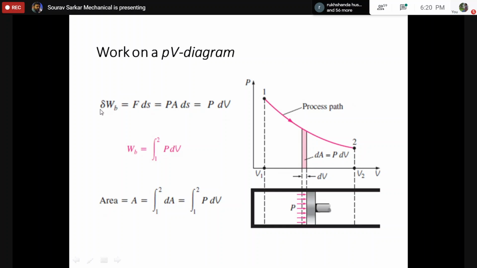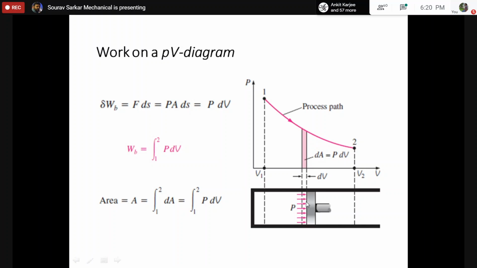Now we know that work done equals F into ds, where ds is the displacement. F is the force, P into A. So it is P into A into ds. What is A into ds? A is the cross-section area of this piston and ds is the displacement.